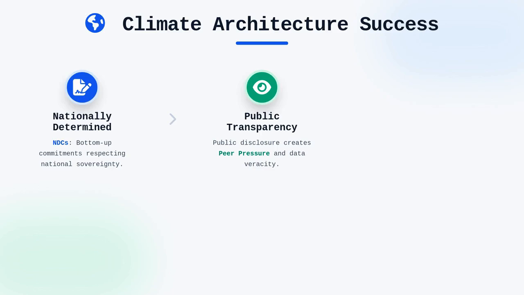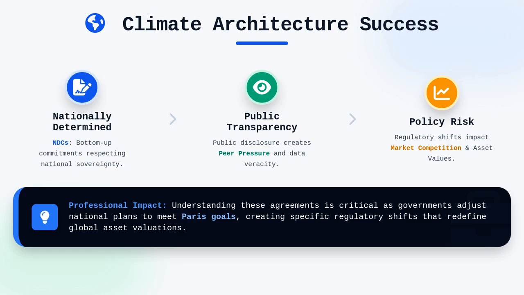Because the agreements are essentially collaborative, they rely on the veracity of disclosed data and the consistency of national policies. For professionals, understanding these agreements is essential because they define the transition policy risks that companies face globally. When governments adjust these national plans to meet the Paris goals, they create specific regulatory shifts that directly impact market competition and asset valuations.